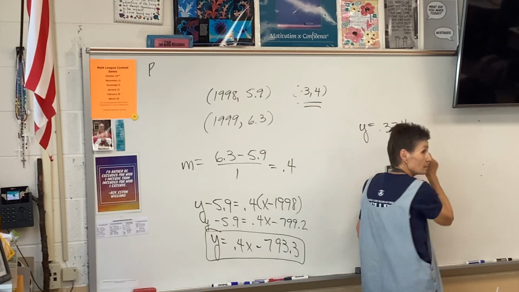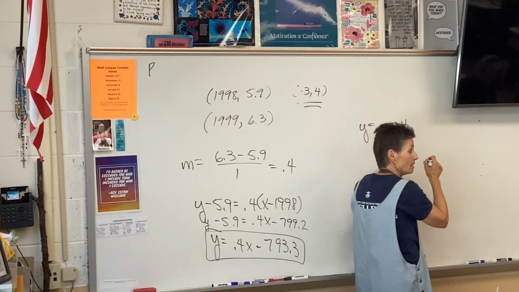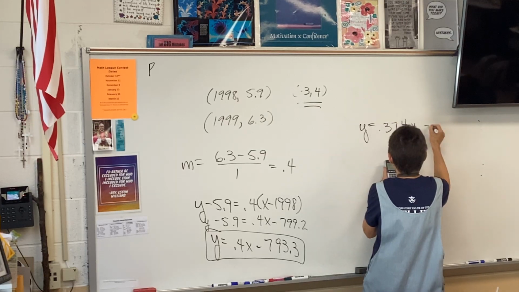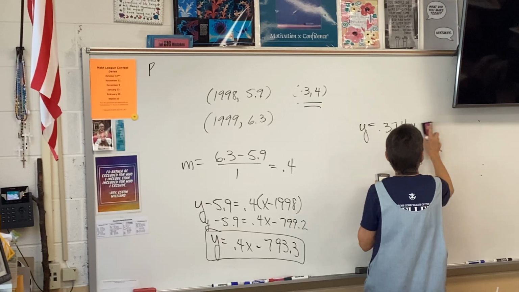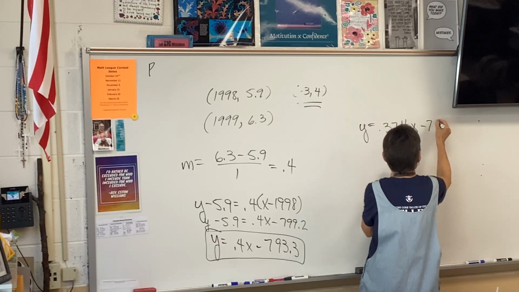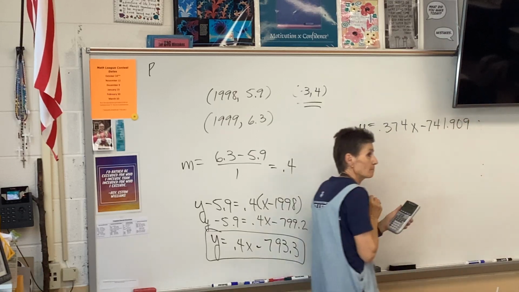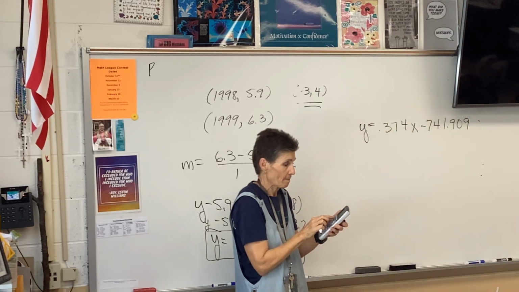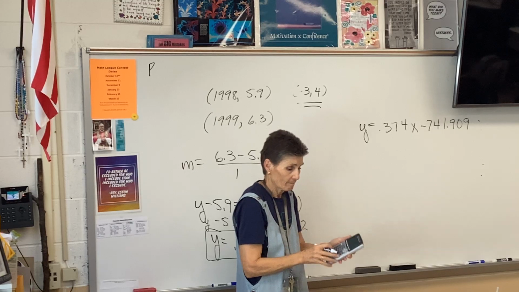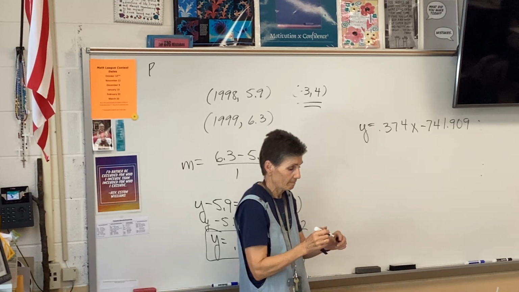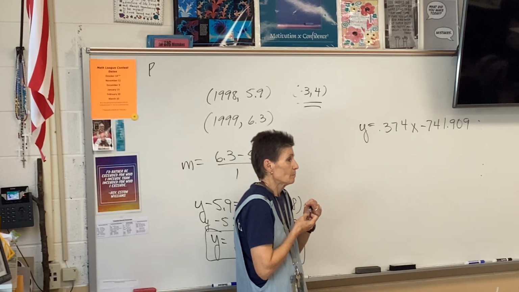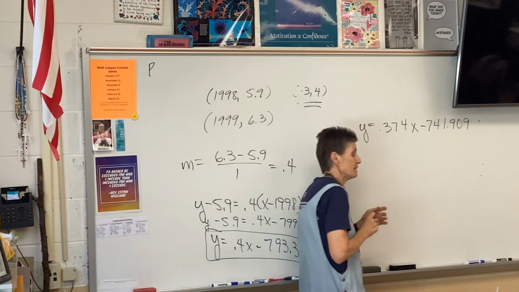0.374, right? X plus or minus 741.909. Now, what does that mean?